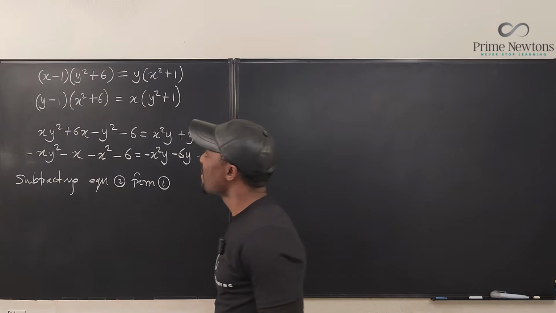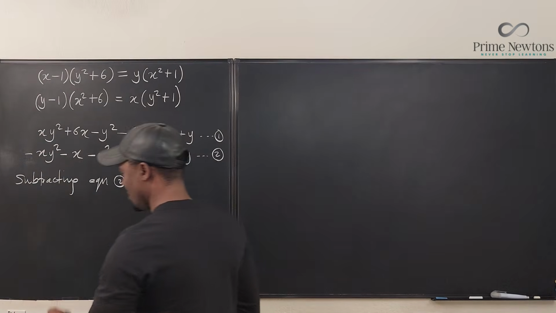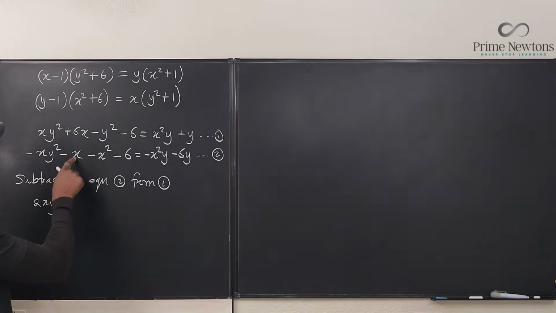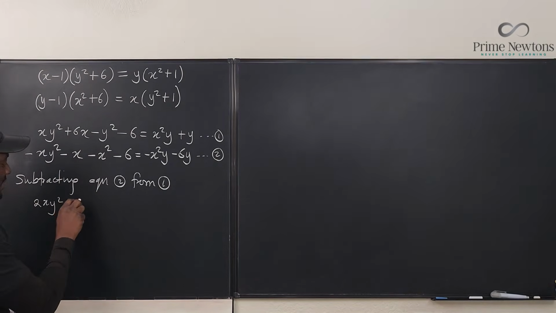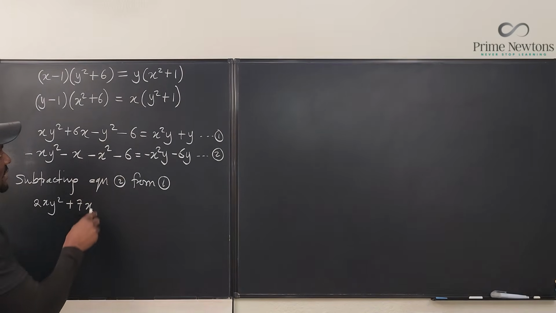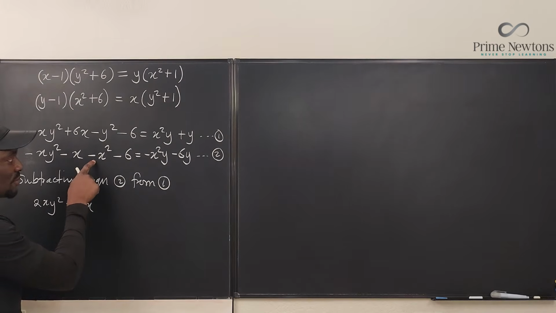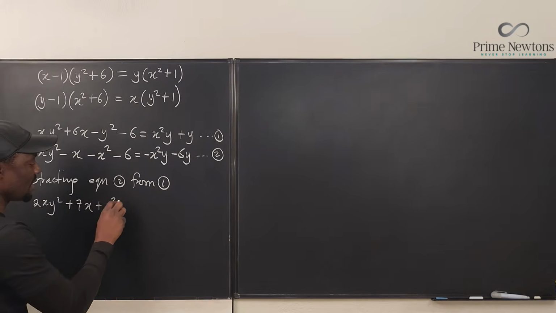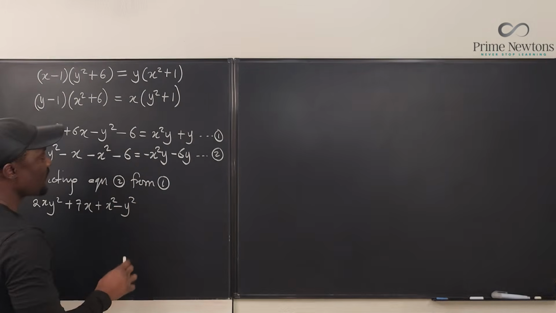So let's still do it. If you subtract this from this, this will not go away. You're going to end up with 2xy squared. Subtract this from this, you're going to get 7x. Subtract this from this, this is going to become minus y squared plus x squared. Remember, you're subtracting this from this, so it's this minus x squared, so it's going to become plus x squared minus y squared.